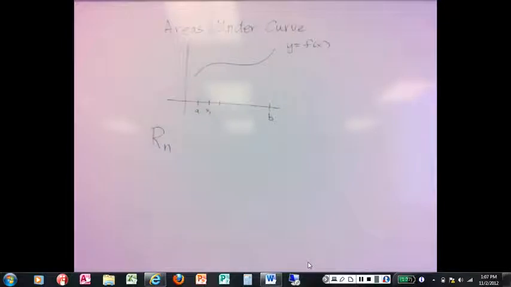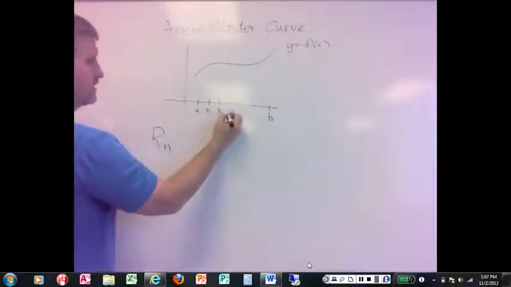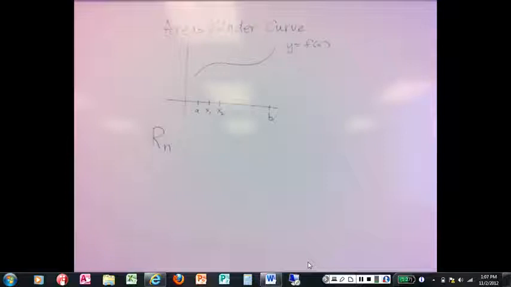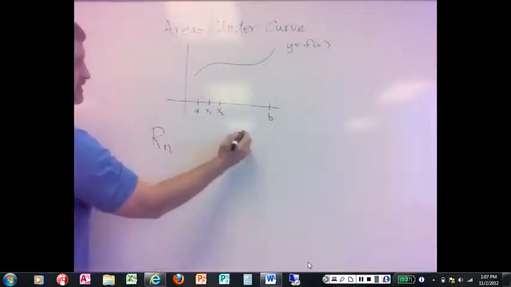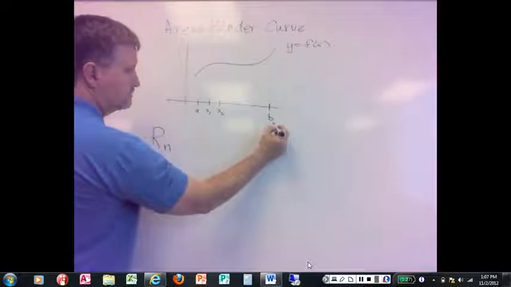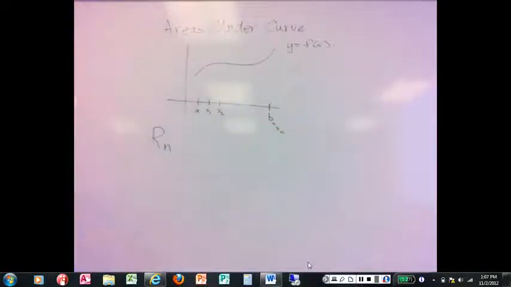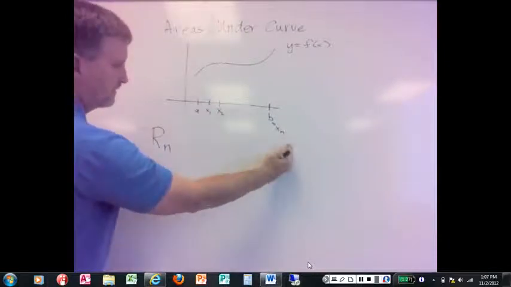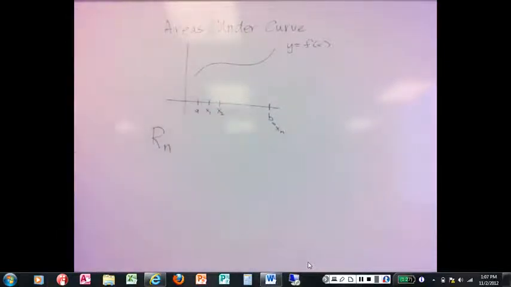And then the next one is x sub 2, so on and so forth until you get to the last one. Now, since I'm going in rectangles, this last one, which is B, would also be equivalent to x sub n. So you've got n. In other words, you'll have n x's that you divide this interval into.